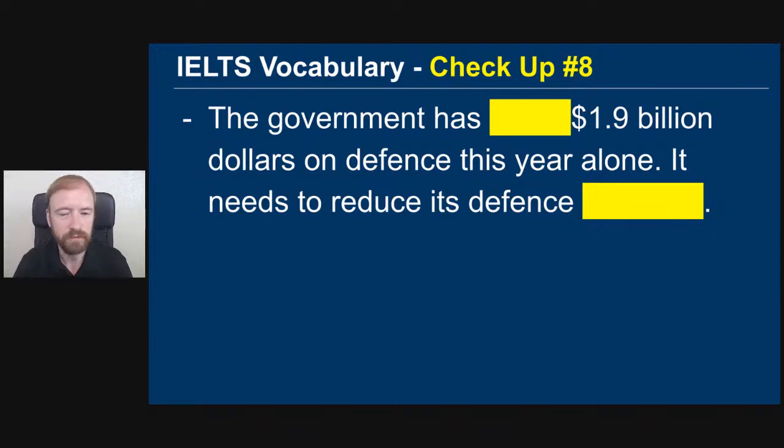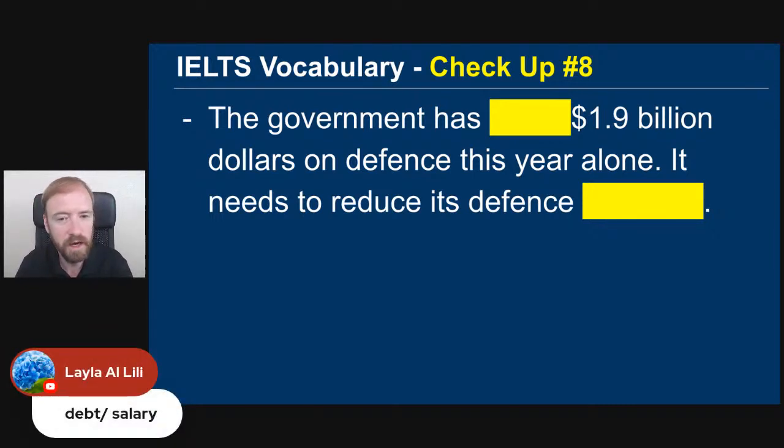All right, I'm waiting for some answers. These are two different words. It is not the same word. So we've got two words here. The government has debt.